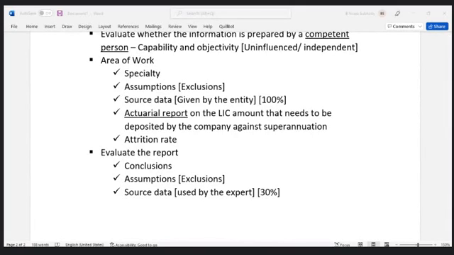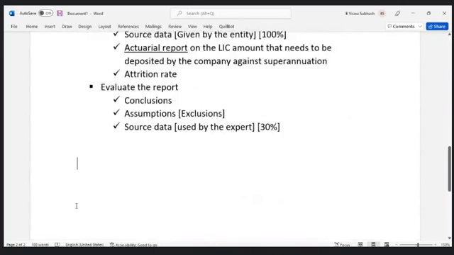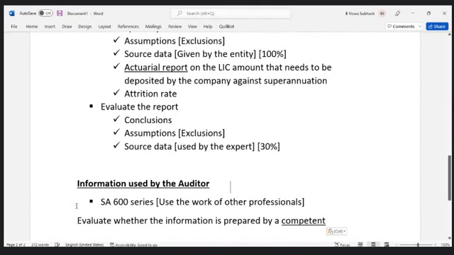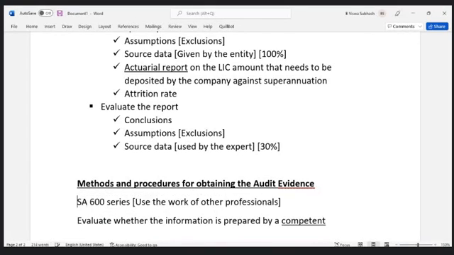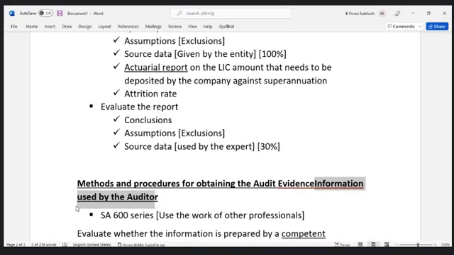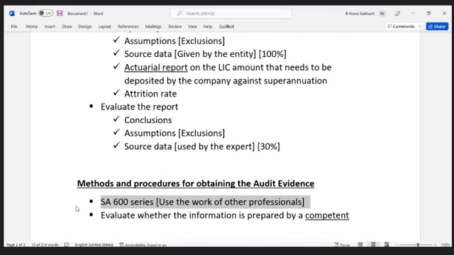Okay. Now, what are the procedures for obtaining the audit evidence? What are the methods and procedures that are there for you to obtain the audit evidence?